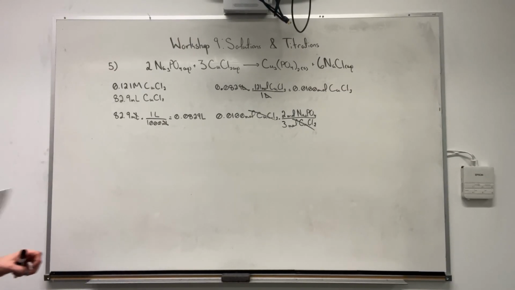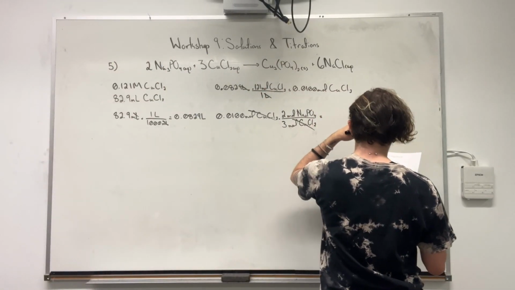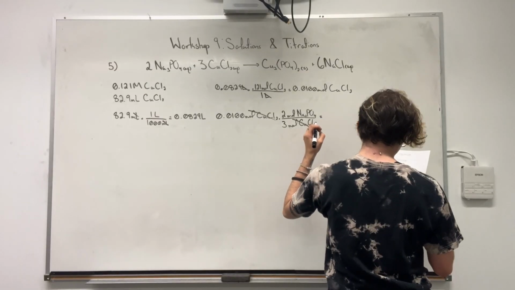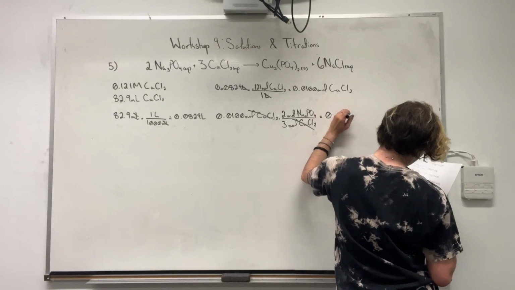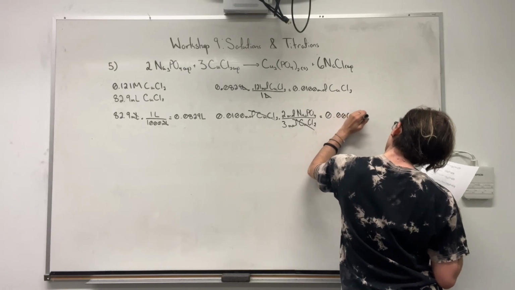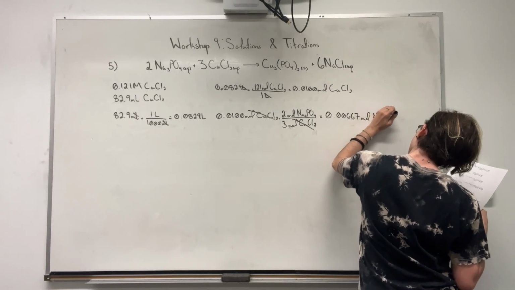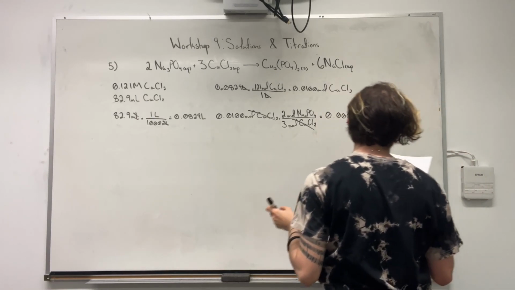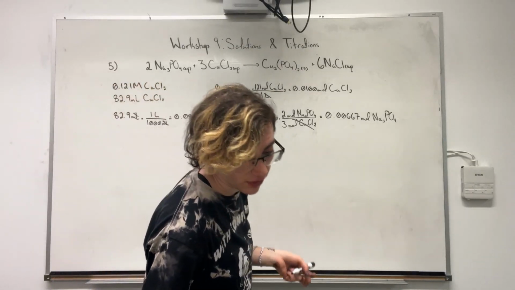There we go. I'm looking at the wrong line, sorry. We have 0.00667 moles of sodium phosphate. Now that we know how many moles of sodium phosphate we have, we go to the information given to us about our sodium phosphate.